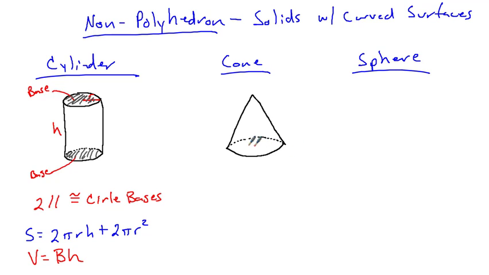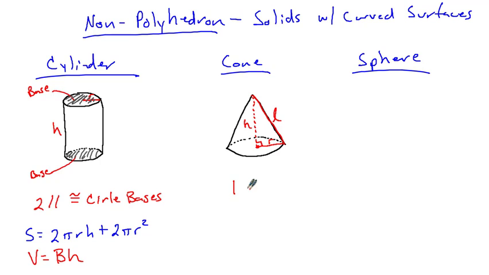A nice little cone, and it has a circular base which gives it a radius. It has a height that's perpendicular to the base, so it's right here in the center. That's the height. And it also has a slant height, just like the pyramid. So this height along the slanted side here is called the slant height.